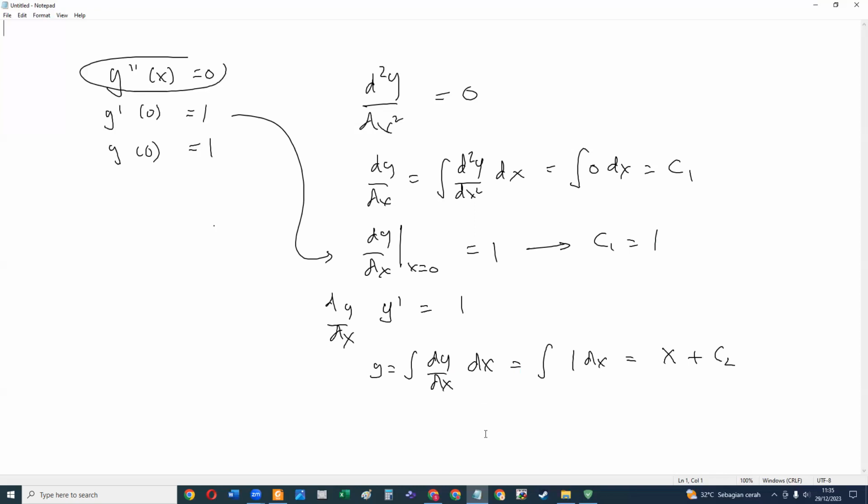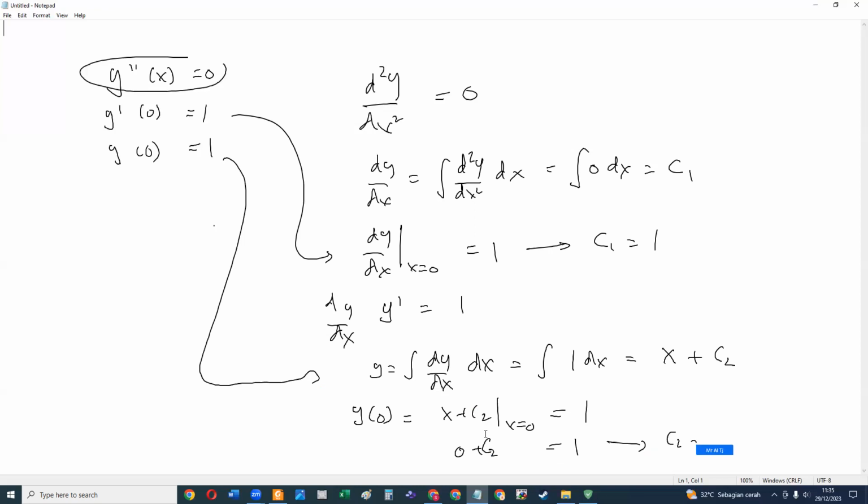How do we find c2? Now we're going to put in the second piece of information. So y of 0 is x plus c2 when x equals 0, and that's going to be 1. So 0 plus c2 is 1. Hence, c2 is 1. Therefore, y is going to be x plus 1.